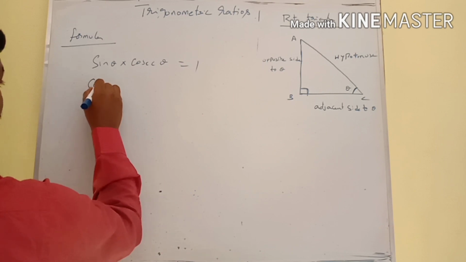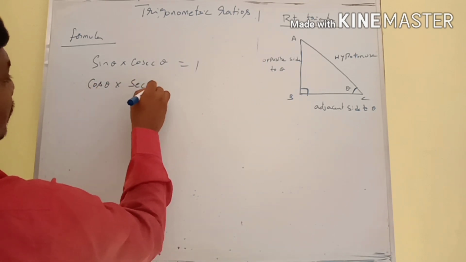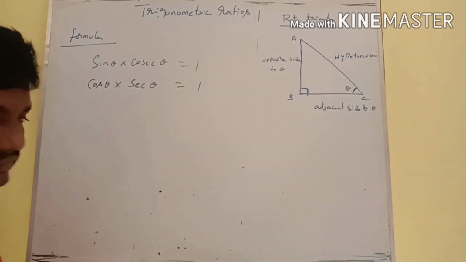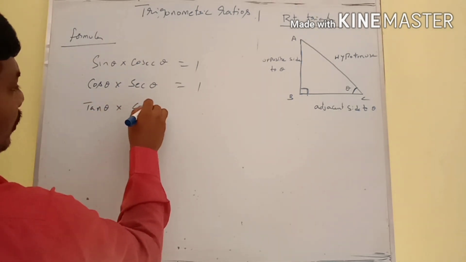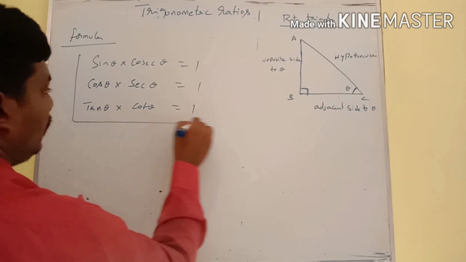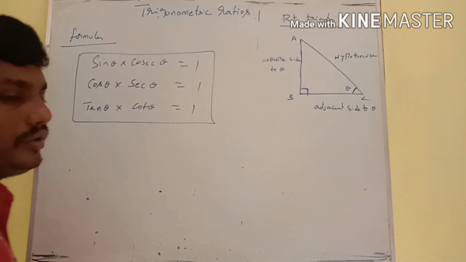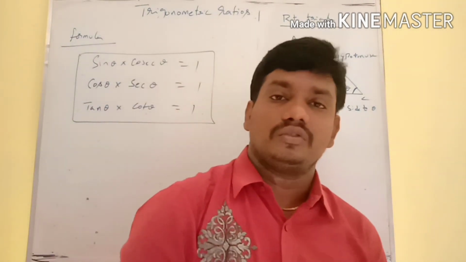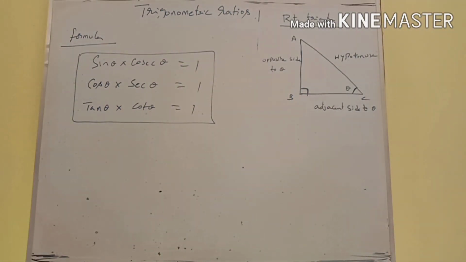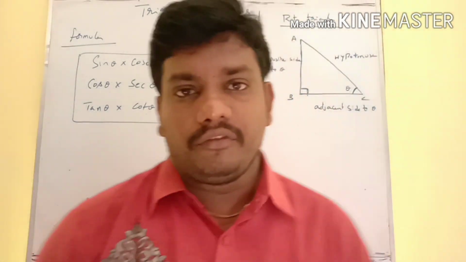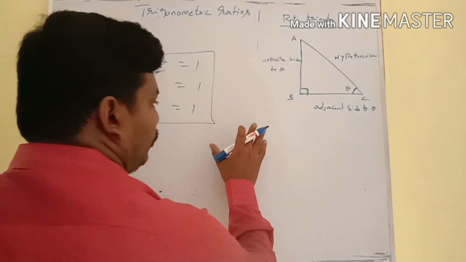Then cos theta into secant theta is equal to 1, and tan theta into cot theta is equal to 1. These are the three trigonometric reciprocal ratios.